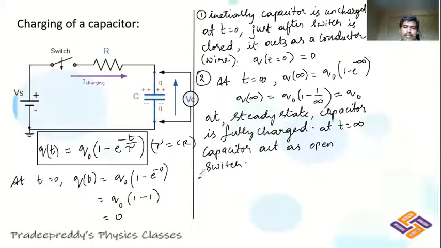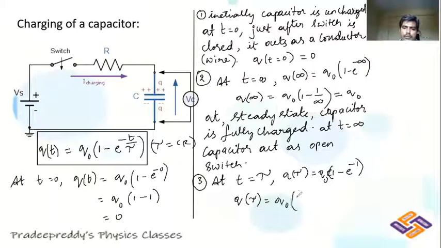Now coming to case 3, let us consider a time t is equal to tau. What is tau? Tau is equal to CR. That means at time t is equal to tau, what would happen? Q of tau is equal to Q naught into 1 minus e power minus 1. So Q of tau will be equal to Q naught into 1 minus 1 by e. 1 by e is equal to 0.37.